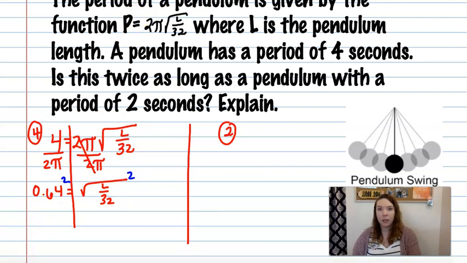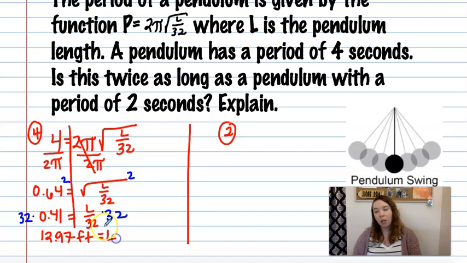So that's going to give us 0.41. And then last thing I need to do is multiply by 32 on both sides. So if I'm still rounding to 2 decimal places, that leaves me with 12.97. And this was in feet. So this is saying that this length of our string or whatever they're using is basically 13 feet.